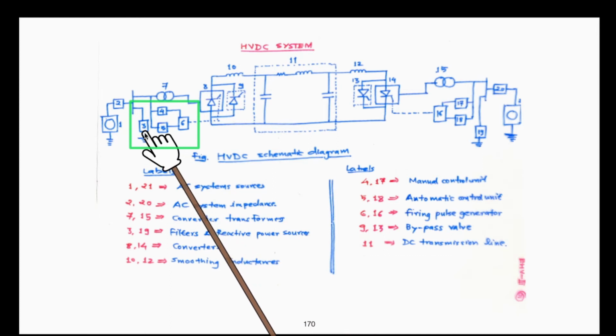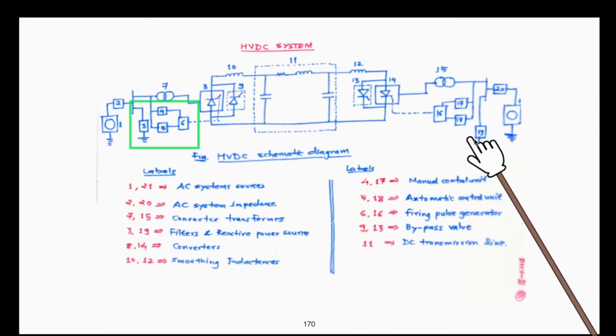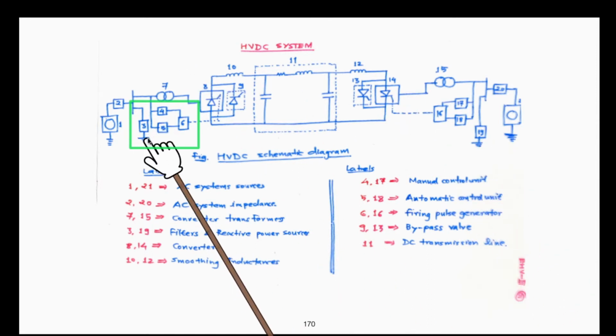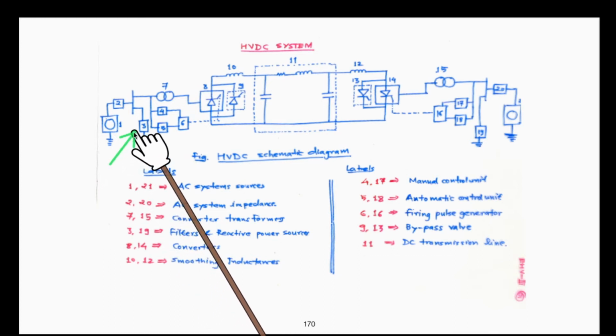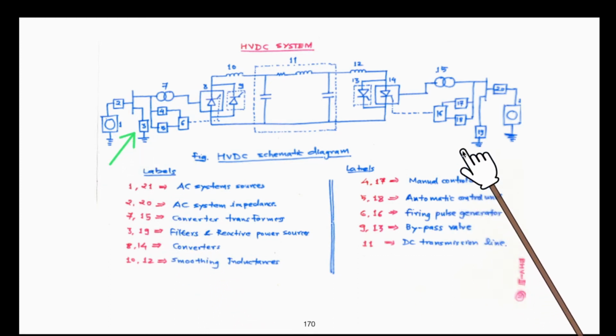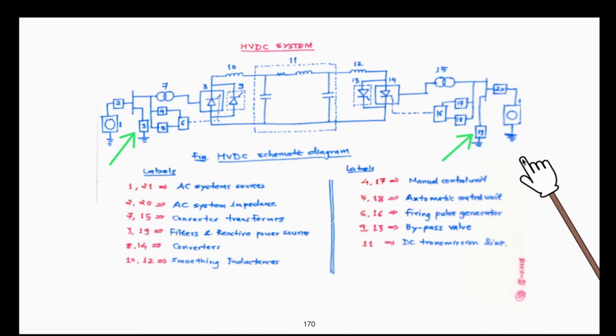Then what is 3? You can see here, 3. These are the filters. Similarly, 19. Here it looks like 3 is a very small element, but you have seen it in the switching yard. This 3, and similarly on the other side 19, are the filters.